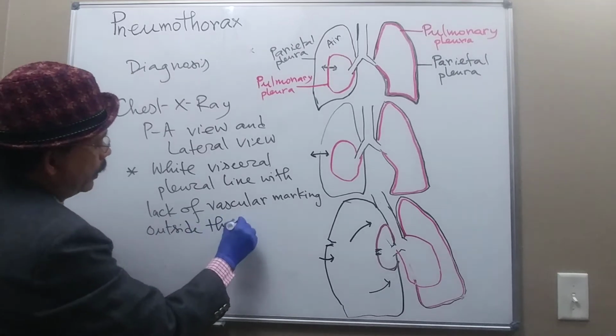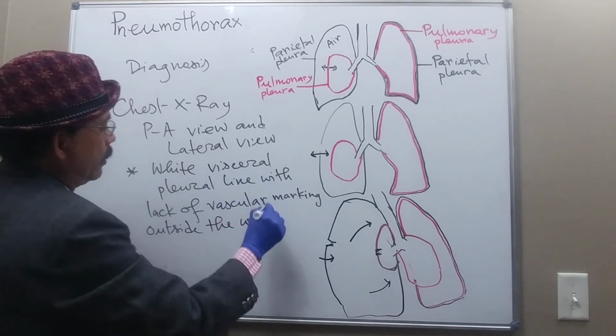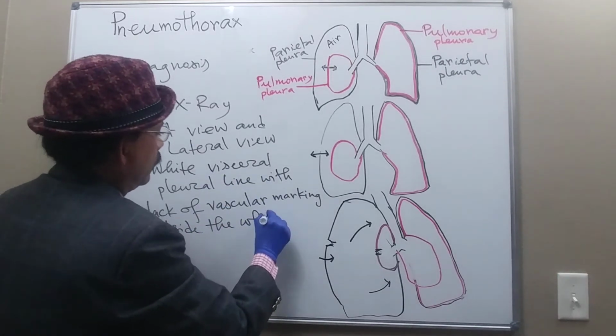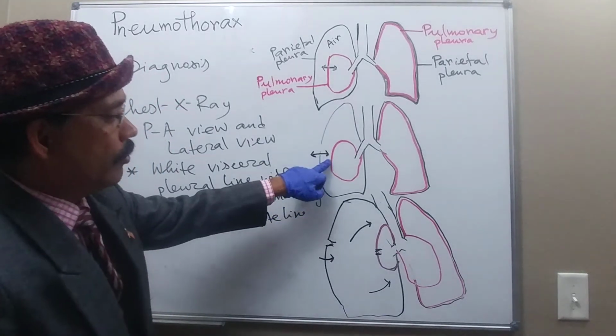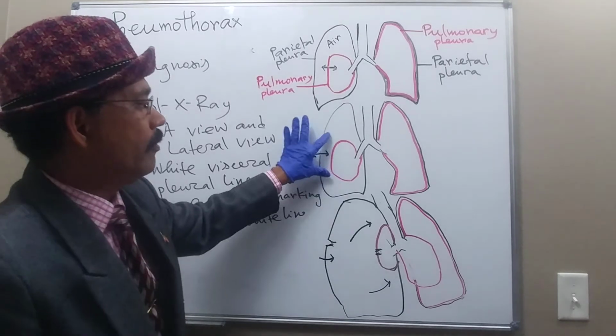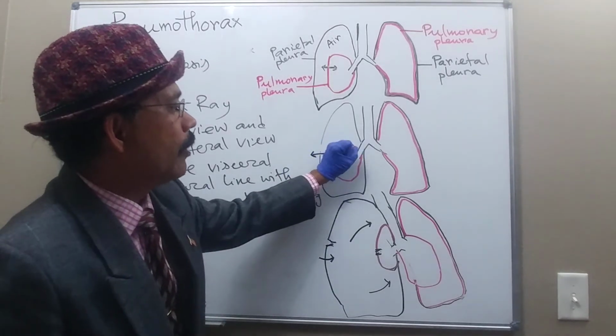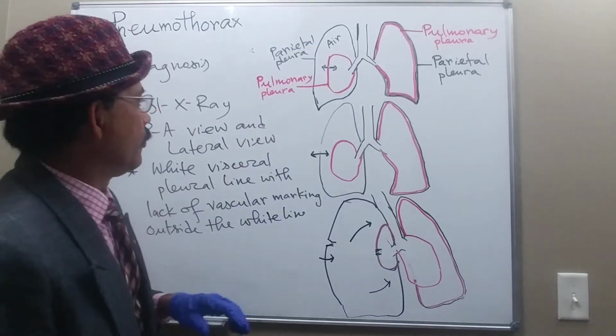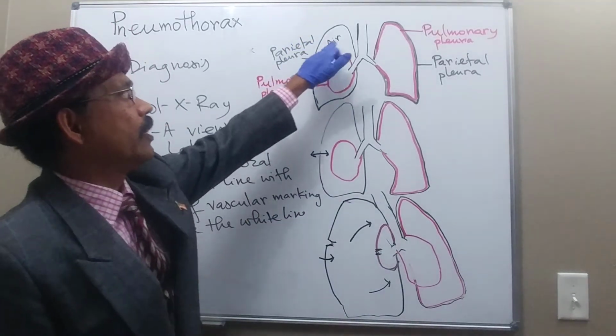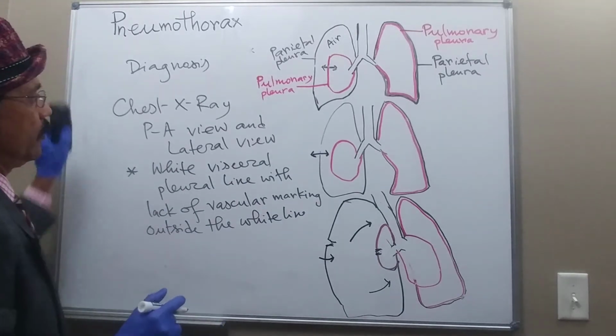Outside this line, no vascular marking because there is no lung tissue here. The lung is now here, and this is air, so it appears darker in our X-ray.